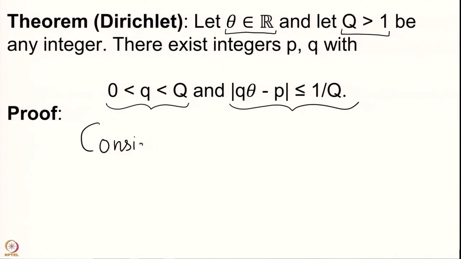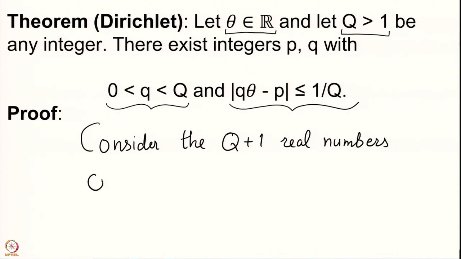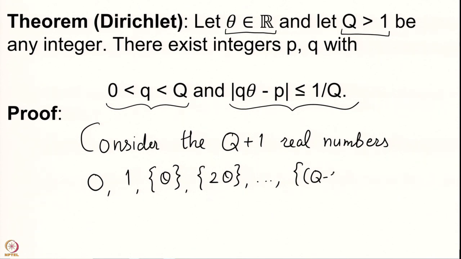Consider the Q plus 1 real numbers 0, 1, fractional part of theta, fractional part of 2 theta, and so on up to fractional part of (Q minus 1) times theta.